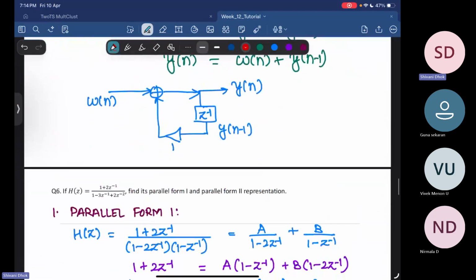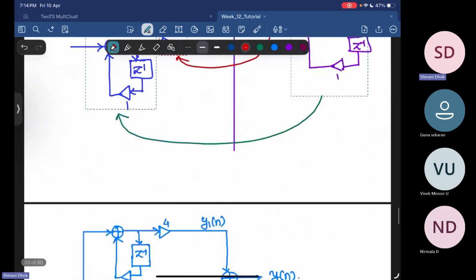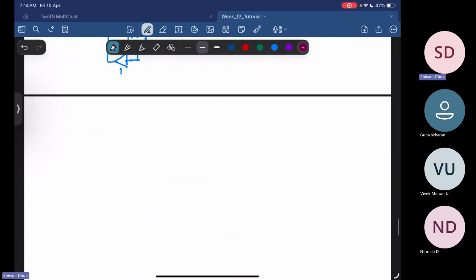So we had to do both parallel form 1 and parallel form 2. We have just completed the parallel form 1 representation. So let's start with parallel form 2.